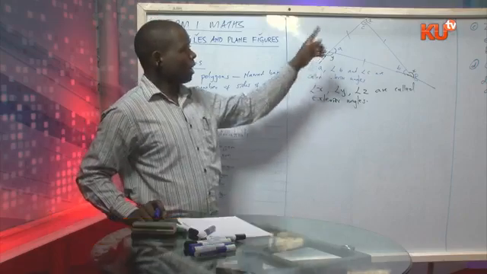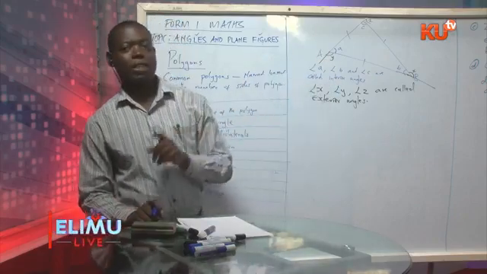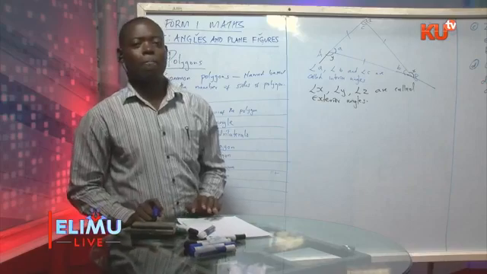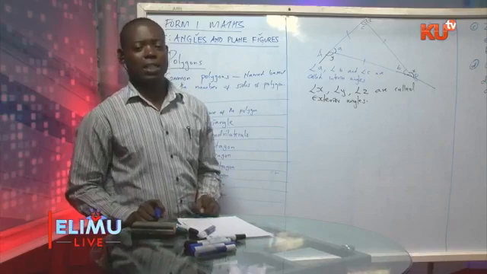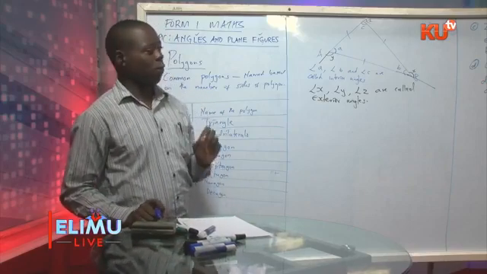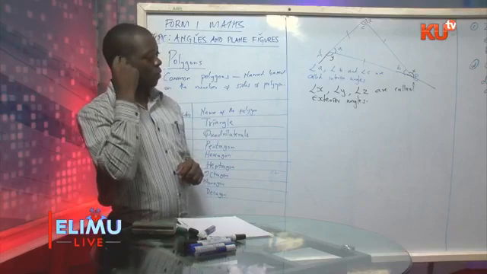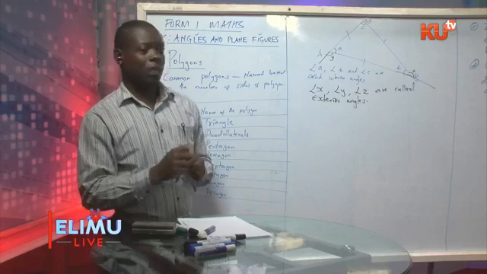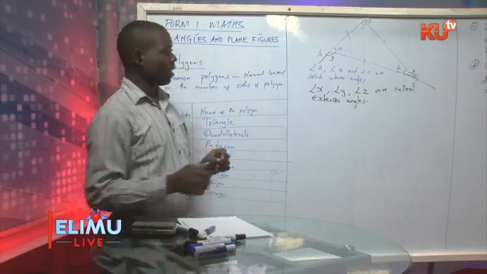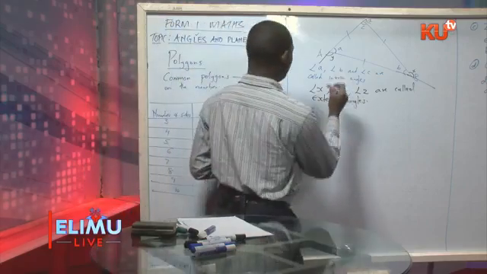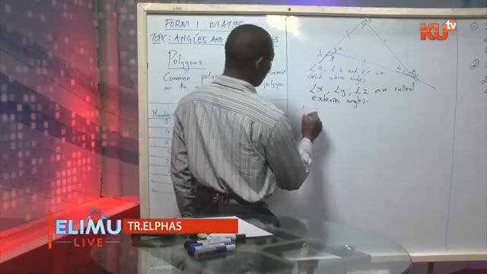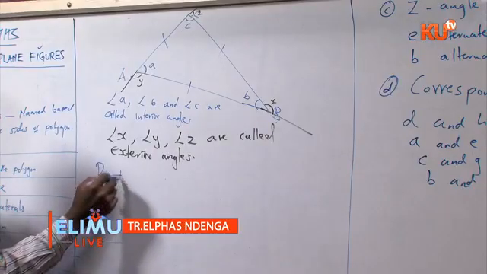Because a triangle that has all 3 sides equal is referred to as an equilateral triangle, and all the angles are 60 degrees. So if you find a polygon whose sides are equal, definitely the angles are going to be equal. Then we refer to this polygon as what we call a regular polygon.